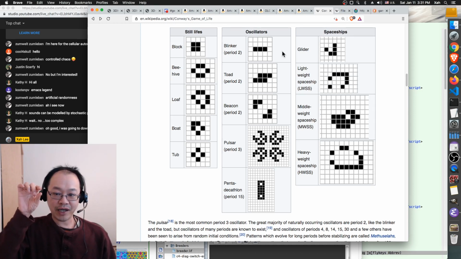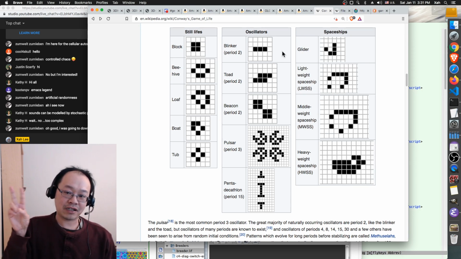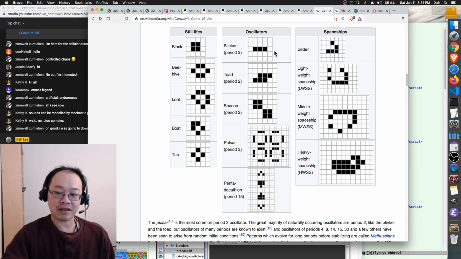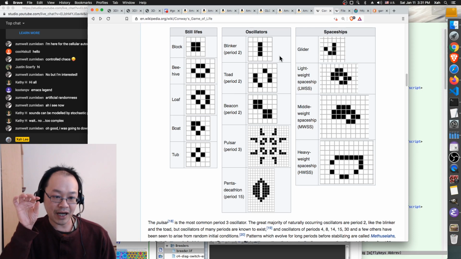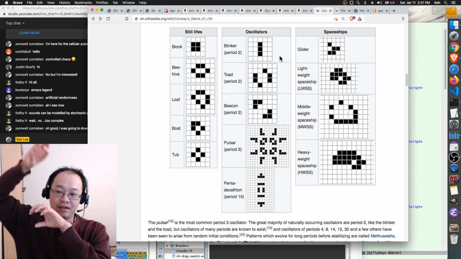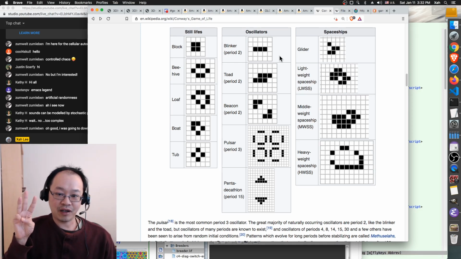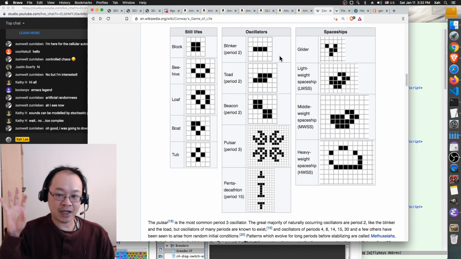However, the one in the middle has two neighbors, so it stays alive. The empty cells on top and bottom each have three neighbors, so in the next generation they become alive.